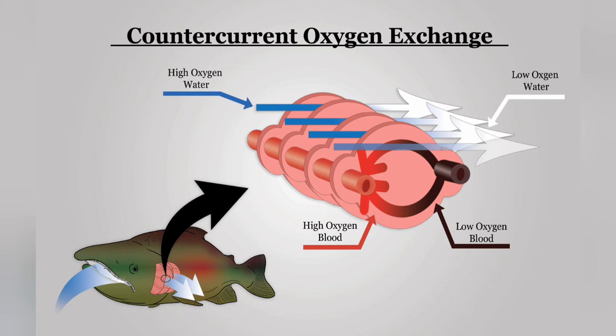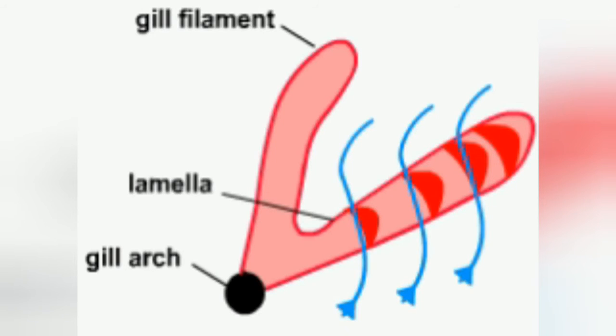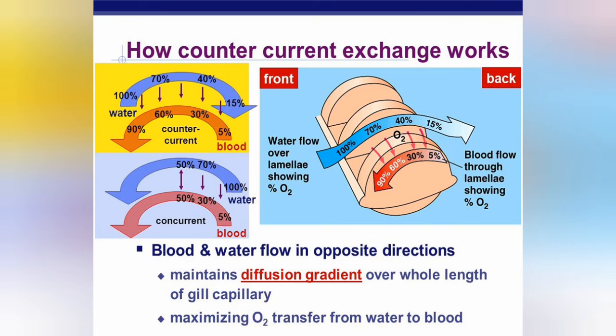So the blood that leaves the body and maneuvers to the gills is deoxygenated. The water that flows over the gills, in the opposite direction, has high levels of oxygen. So the high oxygen concentration from the water diffuses to the lower concentration in the blood.